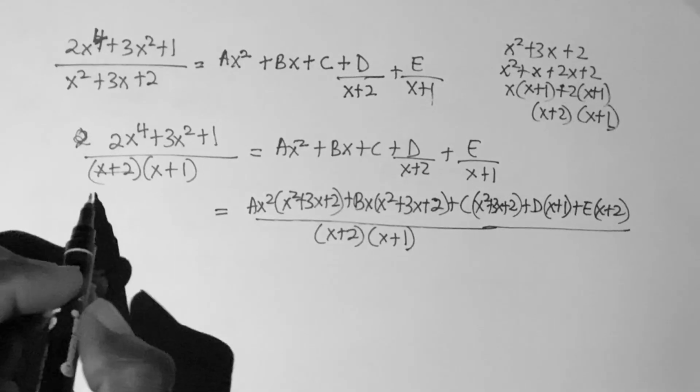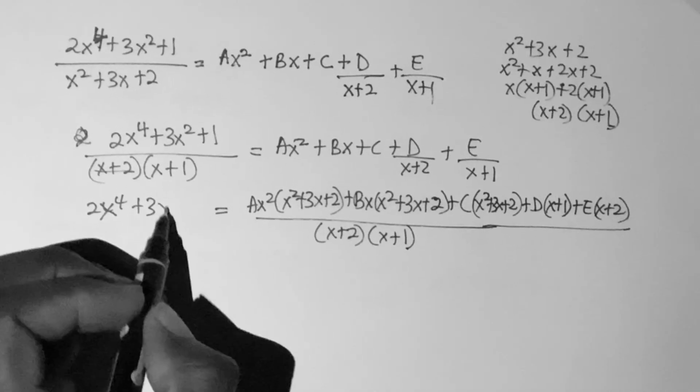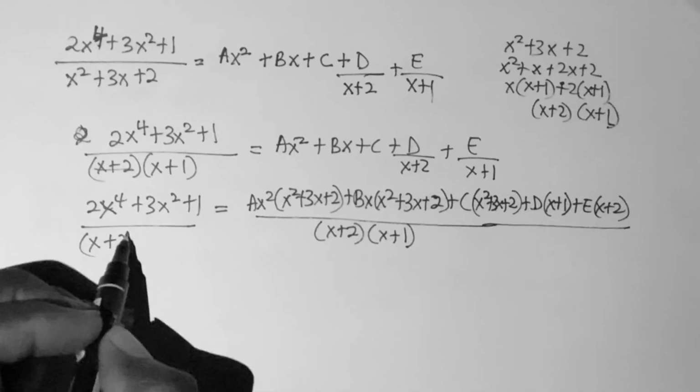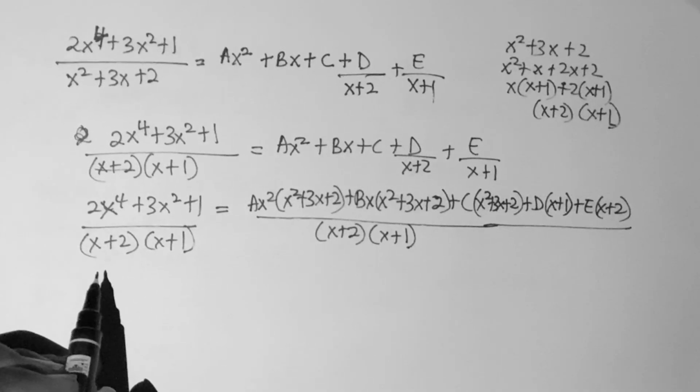So this is equal to (2x^4 + 3x^2 + 1) divided by (x + 2)(x + 1). So let's equate the numerators.